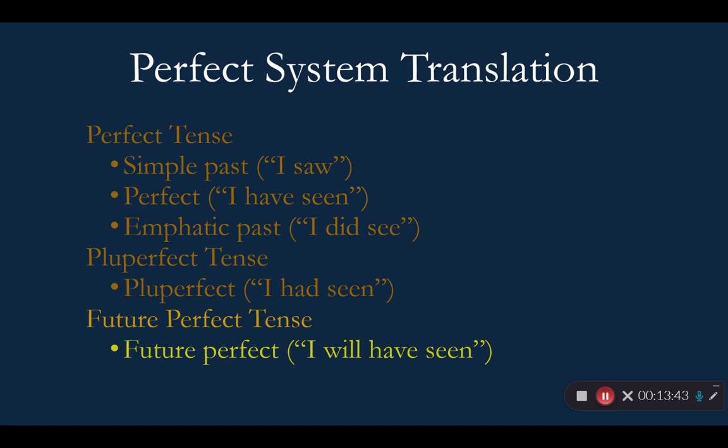So it's really just one helping verb pair, right? I will have blanked. You will have blanked. He, she, it will have blanked. We will have blanked. Y'all will have blanked. They will have blanked. Laudaveritis is y'all will have praised.